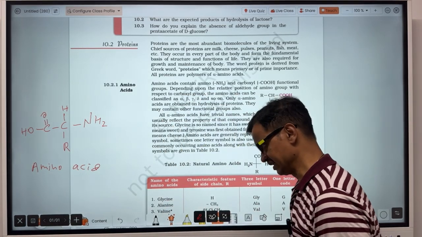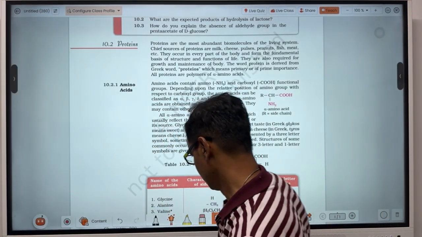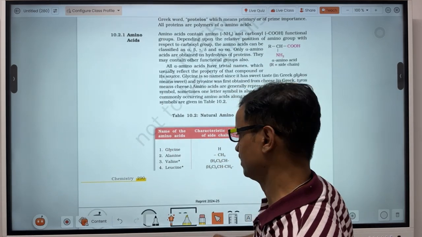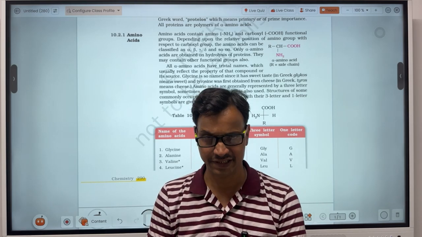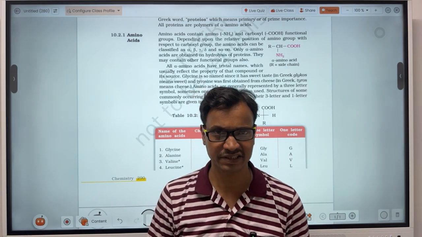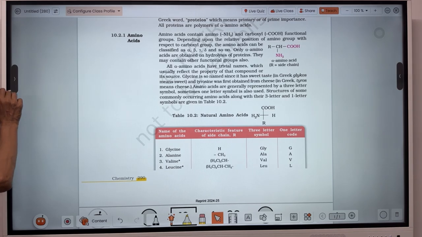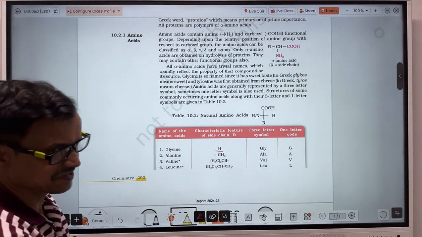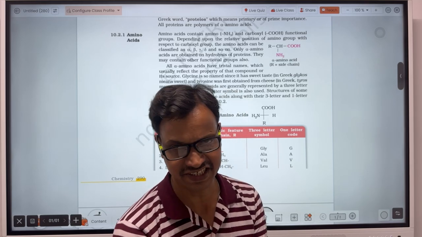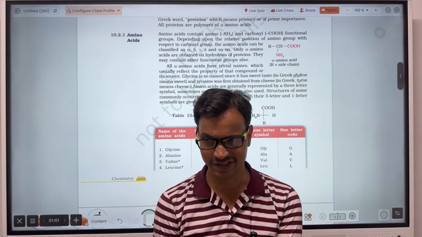Now, the structure of the amino acid is more important for the next part, and for your CUET and NEET examinations. Here R means any group bonded to the carbon atom. If hydrogen is there, the simplest amino acid is glycine. That is important for you.